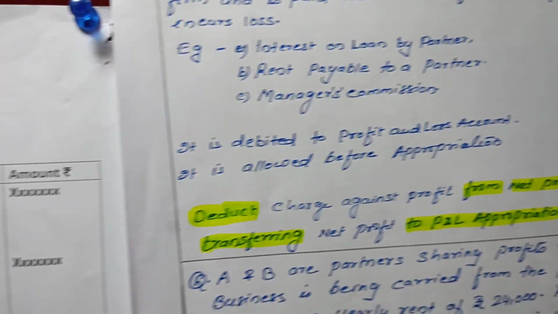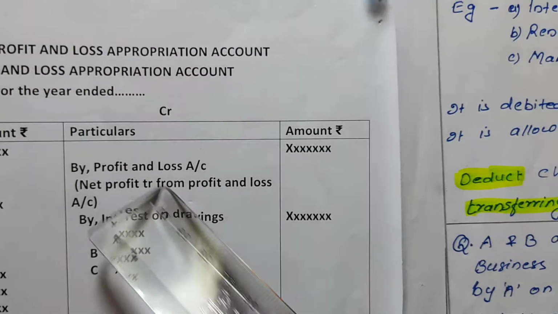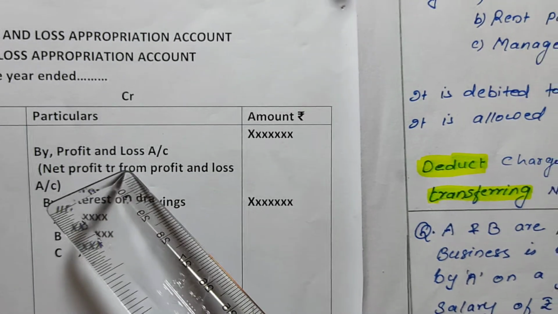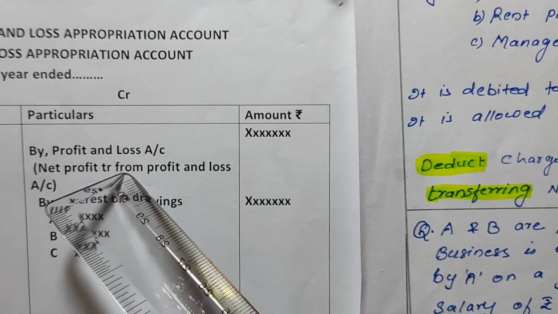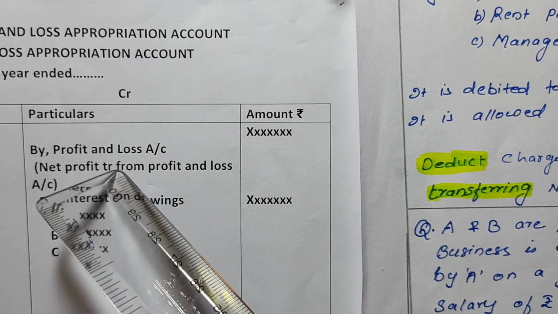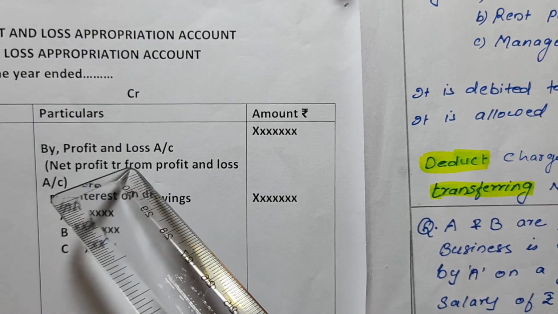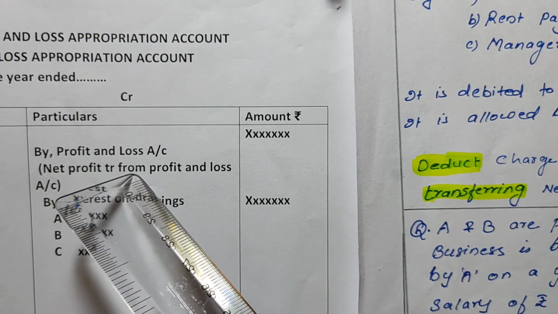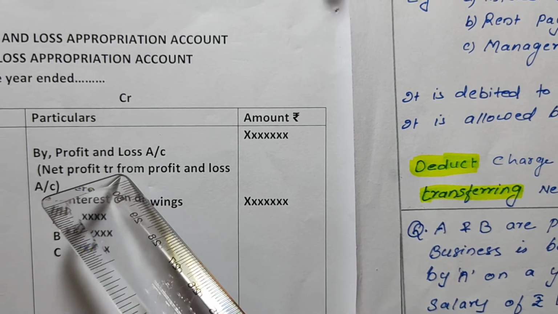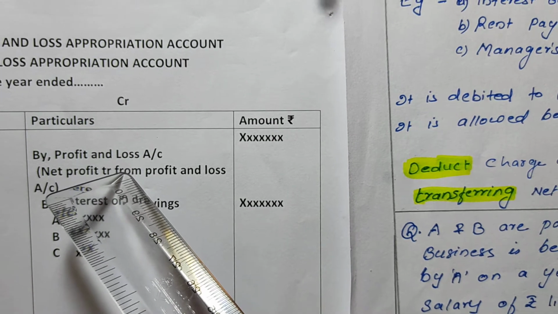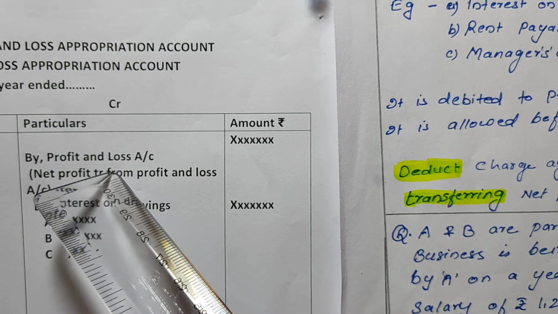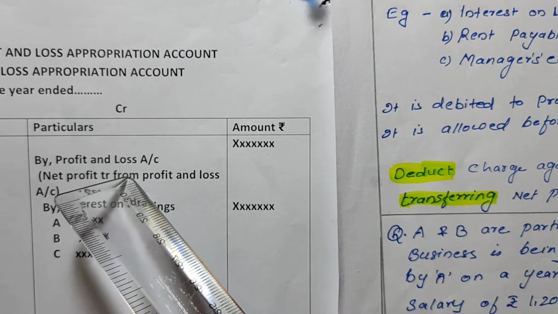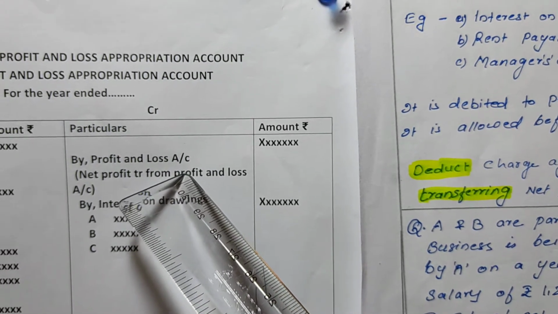If charge against profit is given, you will deduct the charge against profit from this amount. Whatever amount we were writing here, from that amount we will deduct the charge against profit. That is, if manager's commission is given, we will deduct it from net profit. If rent payable to partner is given, that will also be deducted, and if interest on loan is given, that also will be deducted from the profit and loss appropriation account.